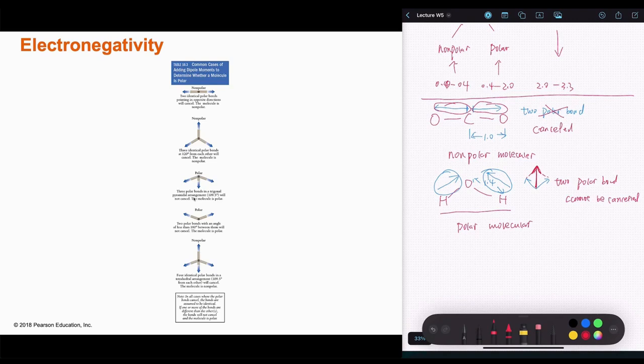However, if these three dipole moments are in a trigonal pyramid arrangement, for example, like ammonia gas, in this case their dipole moments will not be cancelled, so this molecule is polar. For another case, if the molecule is a V shape, such as water, the dipole moment will not be cancelled, so that is a polar molecule.